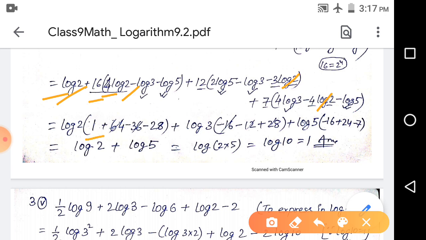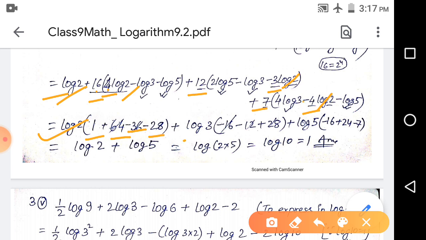So 1 plus 64, the 16 into 4 is 64. Okay, and see here we have 12 into this 3, so this one becomes 36, when log 2 is taken out common. Now one more we have, see here we have 4 into 7, so this one is 28 with a minus sign, because this one is minus.